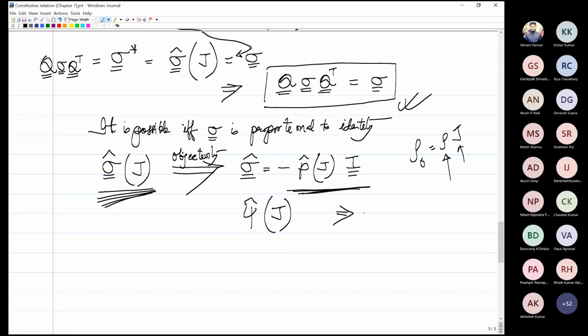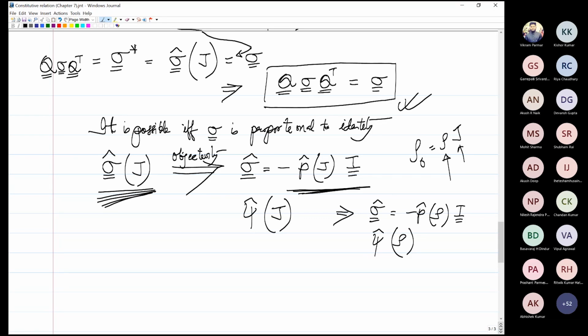So that means you can write your sigma hat function to be minus p hat of rho identity, and psi hat function to be just psi hat of rho.